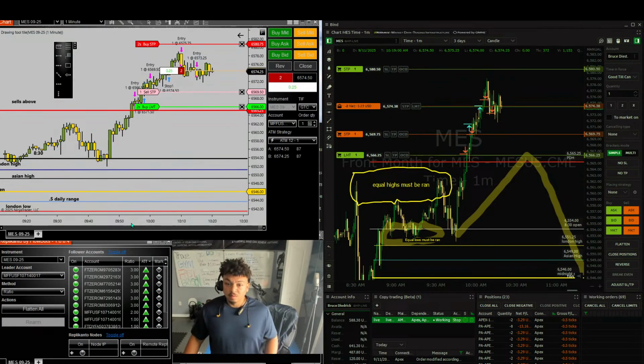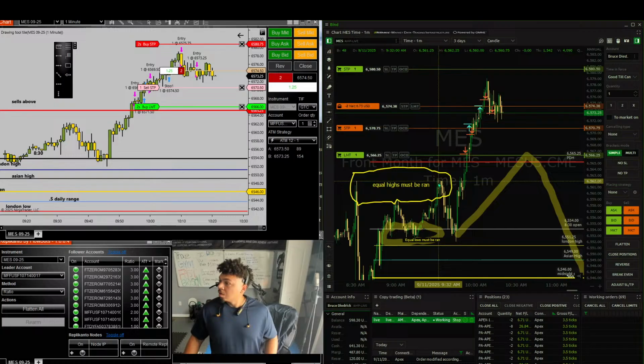The concept is rejection off the higher time frame level, the 0.25. So we can reject back to previous day's high aggressively, wipe out a large portion of those buyers. Let's see. I just adjusted the stops. Let's see.